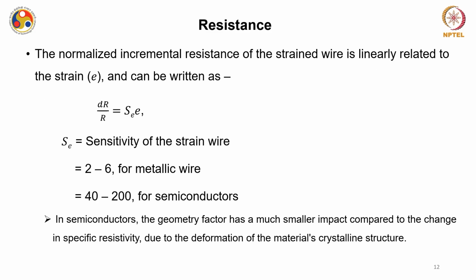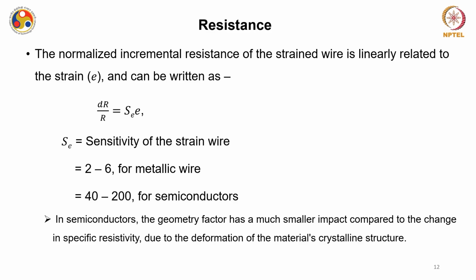Now the normalized incremental resistance of the strained wire is linearly related to the strain, and it can be written as dR by R directly proportional to the strain. If I include S_E, a proportionality constant, I can write dR by R equals S_E into epsilon, where epsilon was my strain and S_E is the sensitivity of the strain wire.